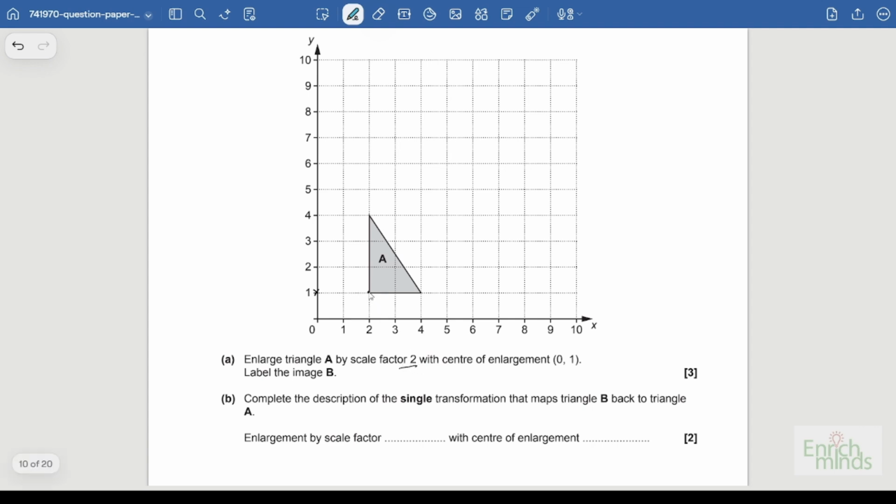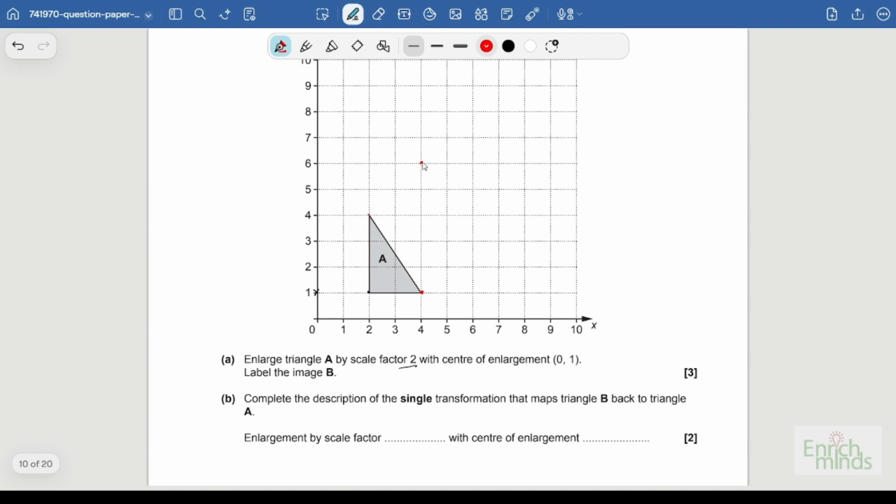and see how they will be enlarged by a scale factor of 2. So now considering this point, it's 2 units away from the center. Now, when you use the scale factor 2, it will be now 4 units away. So this point is transformed here. What about this point? It is 3 units up and 2 units to the right. So 3 units up will be now 6 units up and 4 units to the right.